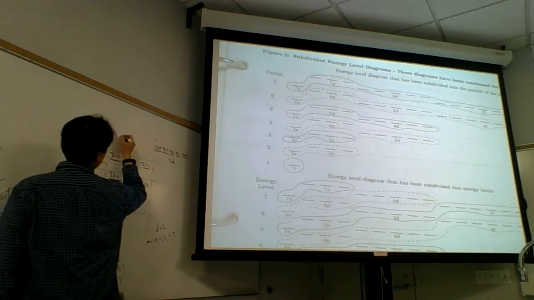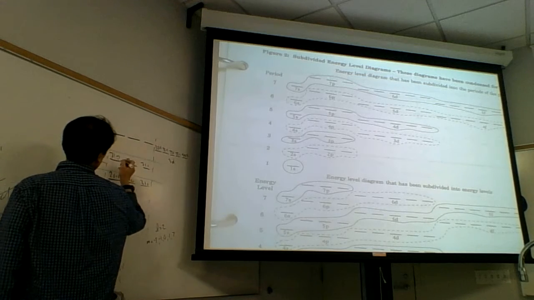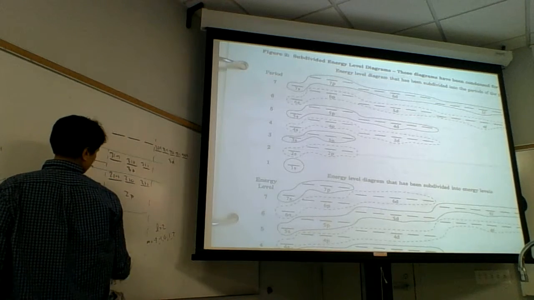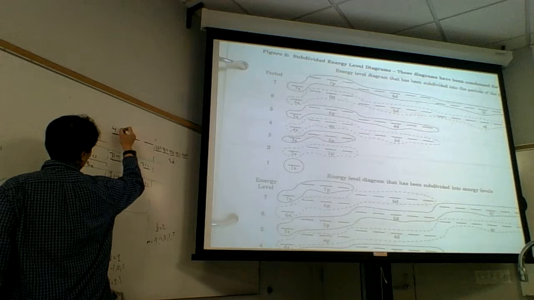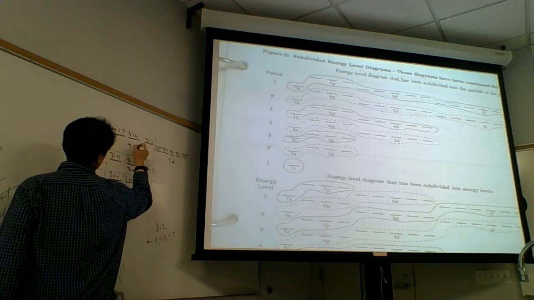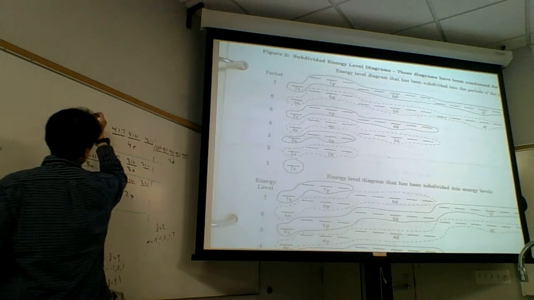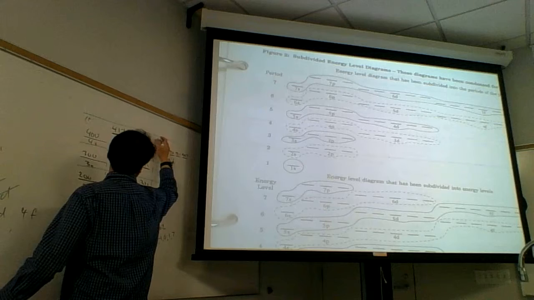4p comes next here. For the 4p, L equals 1, so there are 3 orbitals: the 4, 1, -1; 4, 1, 0; and 4, 1, 1. So 4p. And that completes the shell. The fourth shell just goes up to the 4p.